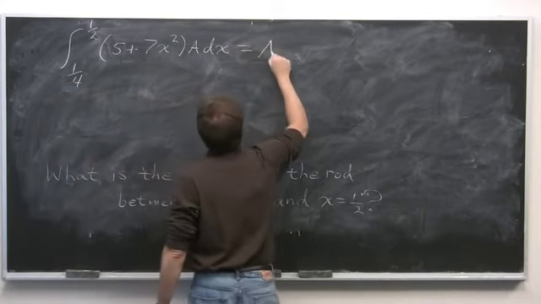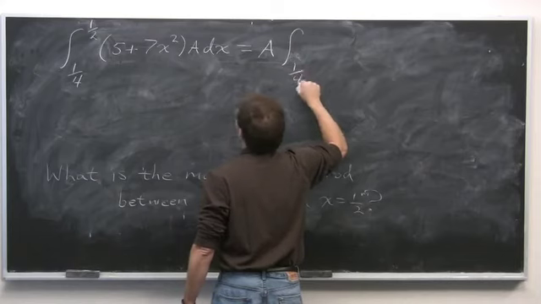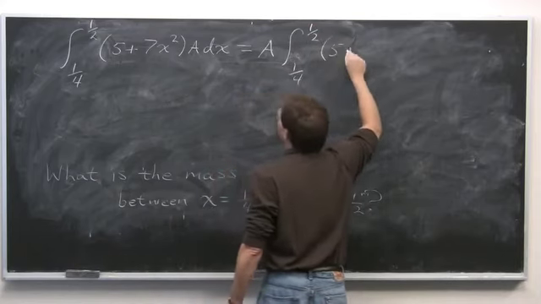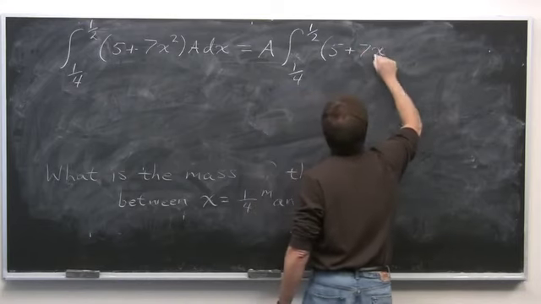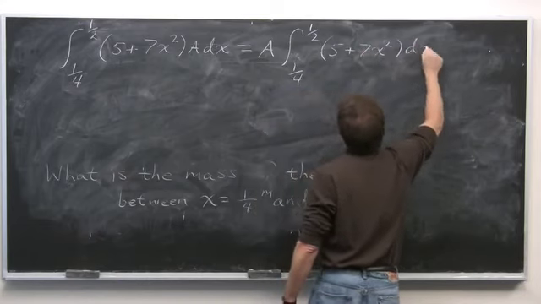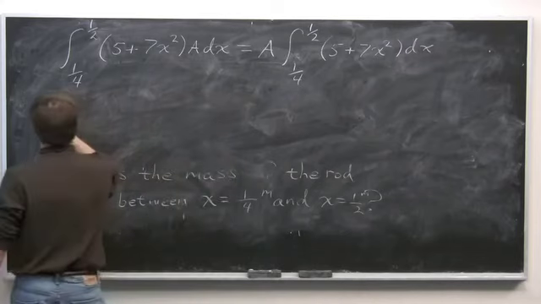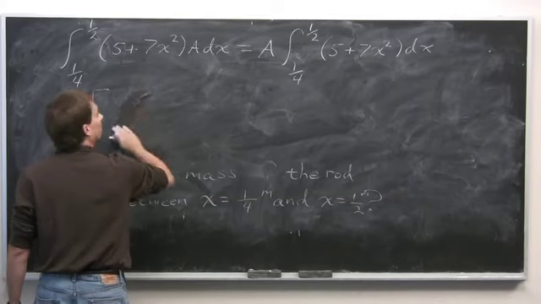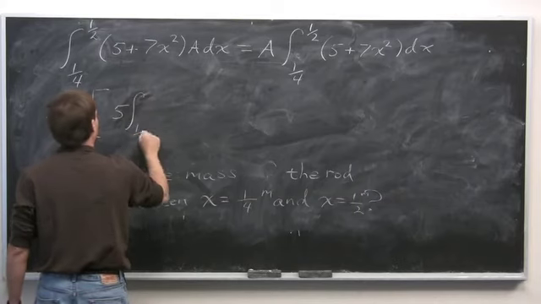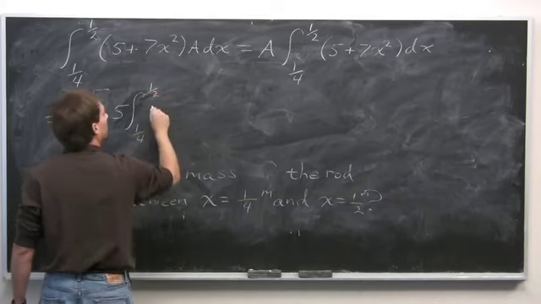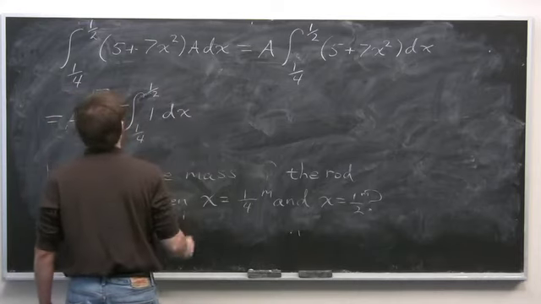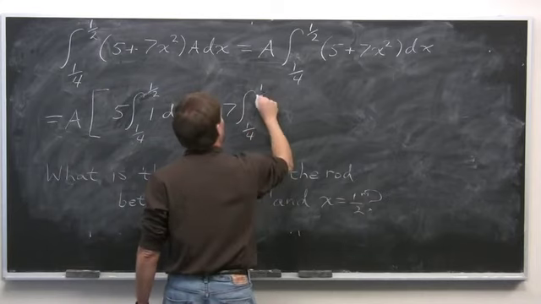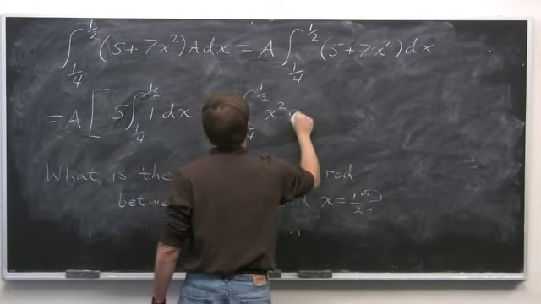So for instance, you can pull out the A first since it's multiplied times everything. This is linearity, and we're about to use linearity again and split up the 5 and the 7x squared. So you get A times what? 5 times the integral from 1/4 to 1/2 of 1 dx plus 7 times the integral from 1/4 to 1/2 of x squared dx.